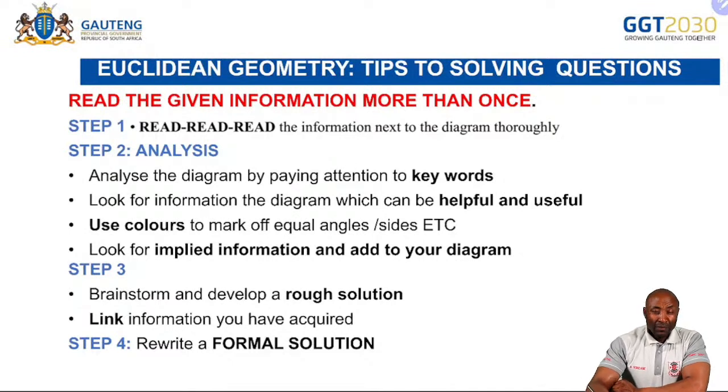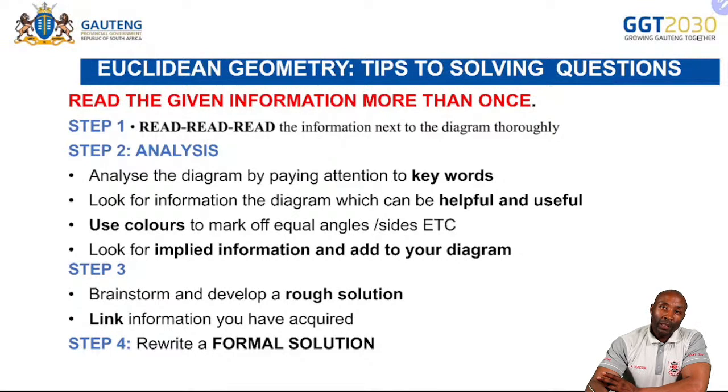Now, use of colors is encouraged so that you are able to highlight certain angles that are equal or certain sides that are equal. It will make life easier because it helps you to see which theorems you can apply there. Now, implied information should also be deduced and you add it to your diagram to help you see what can help you.